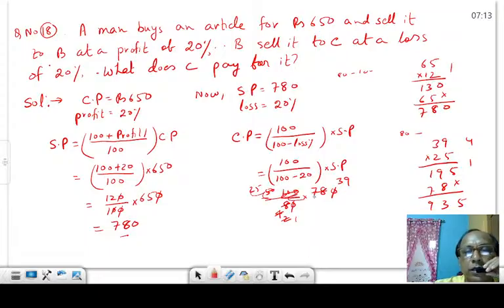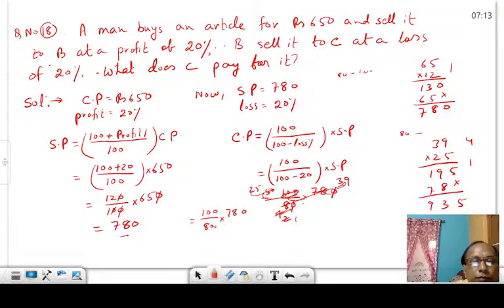We are doing it again. Let us find how much we are getting. It is 100 by 100 minus 20, that is 80, and the selling price is 780.